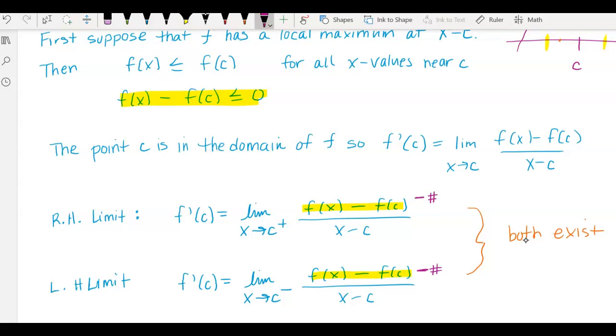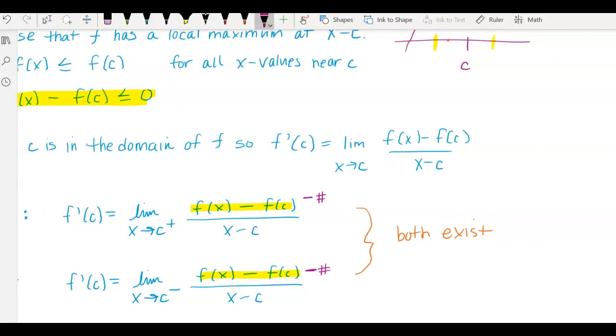All right, what happens for the denominators? Let's look at the denominators now.